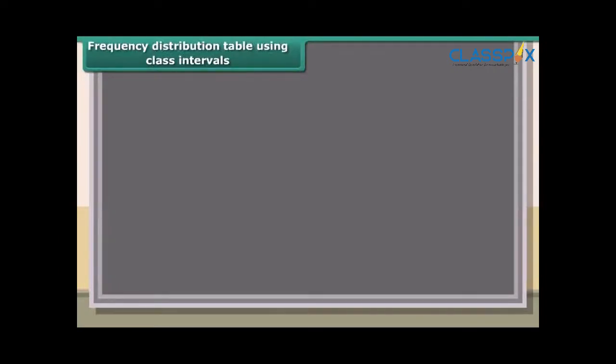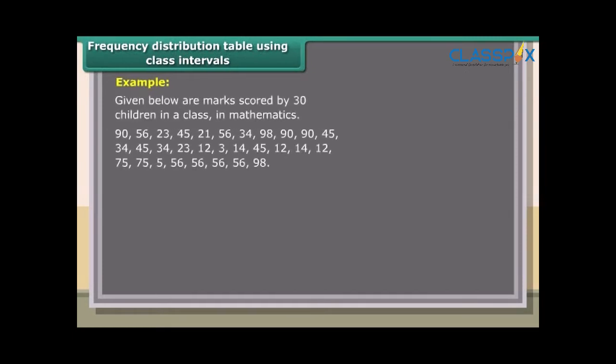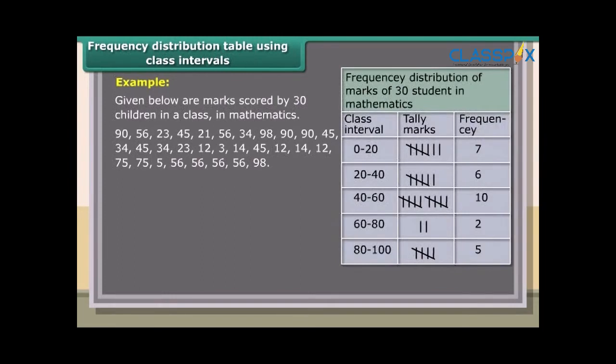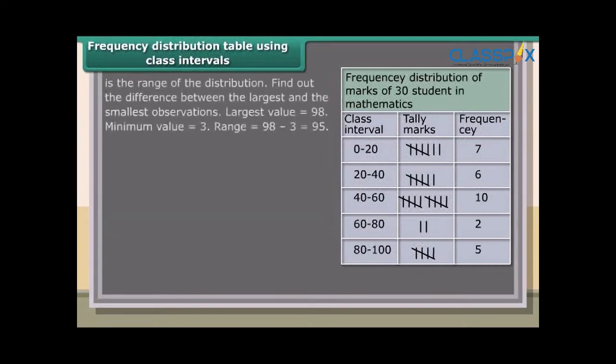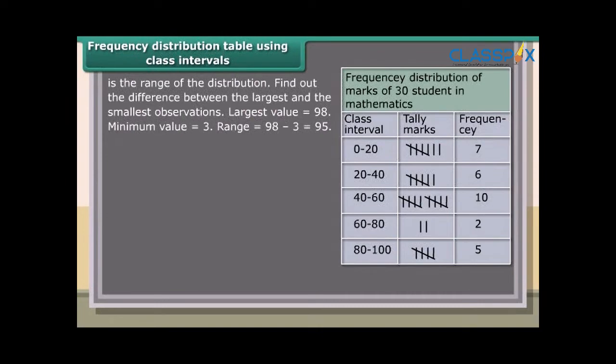Frequency distribution table using class intervals. Example. Given below are marks scored by 30 children in a class in mathematics. The following points should be kept in mind before grouping data into class intervals. 1. When you group data into class intervals, the most important factor to consider is the range of the distribution.